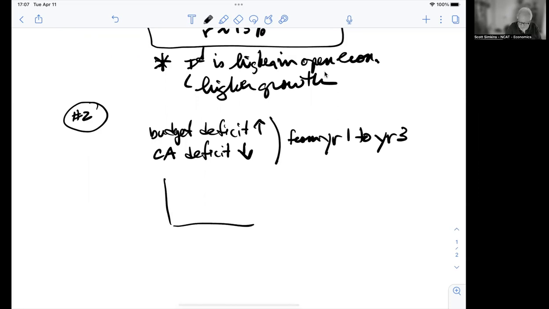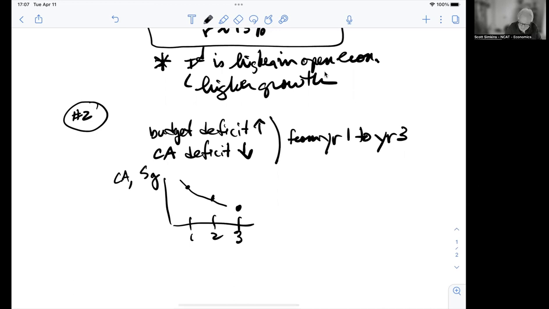So if we were going to graph this for year 1, year 2, year 3, let's actually put saving by the government, just saving by the government on this. This is actually what's listed here in the table, all right? And so it starts out negative and gets more negative from year 1 to 2 to 3.